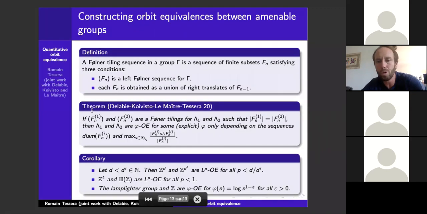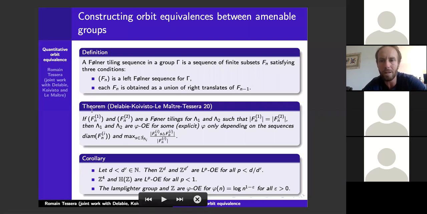But now what we want to know is, what about the flexibility point of view? Namely, can I construct explicitly an orbit equivalence between two actions of Z and Z square, for instance? And how good can I make this coupling? How good can I make this orbit equivalence? How integrable can I make this orbit equivalence?